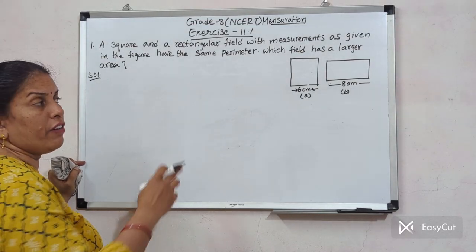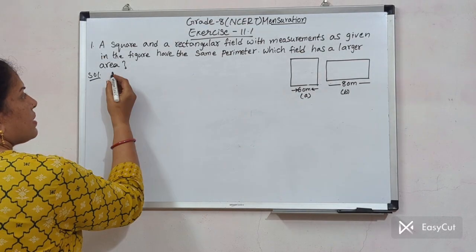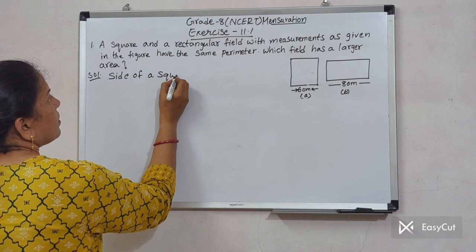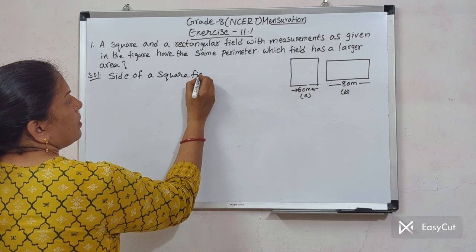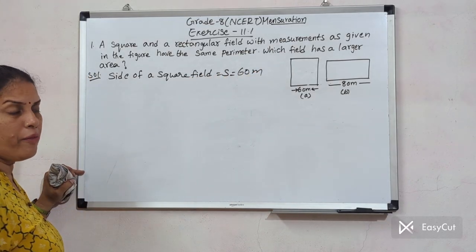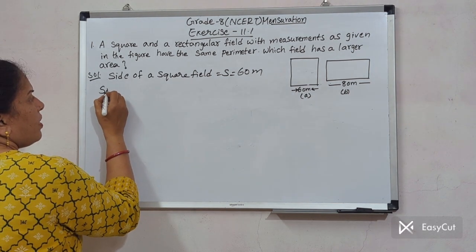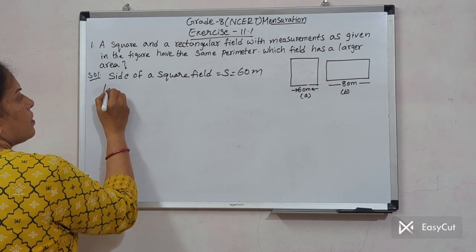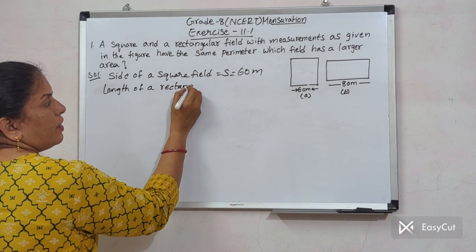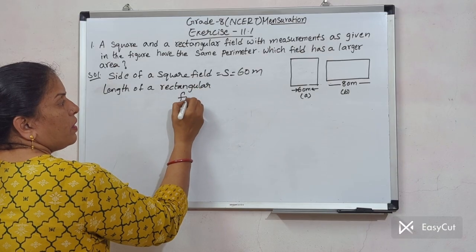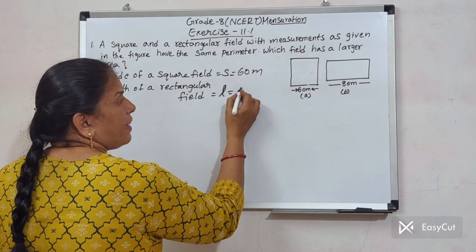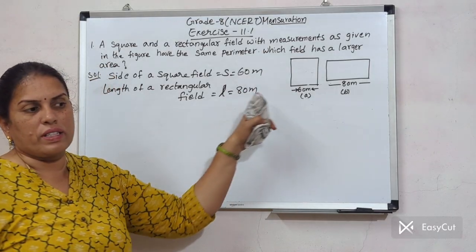Before going to that, we will write the given points. Side of the square field is S equal to 60 meters.